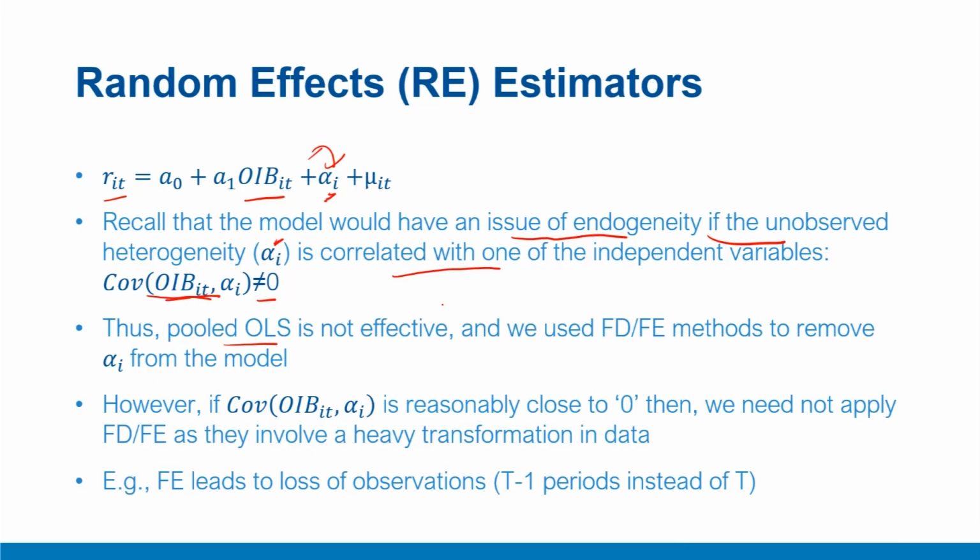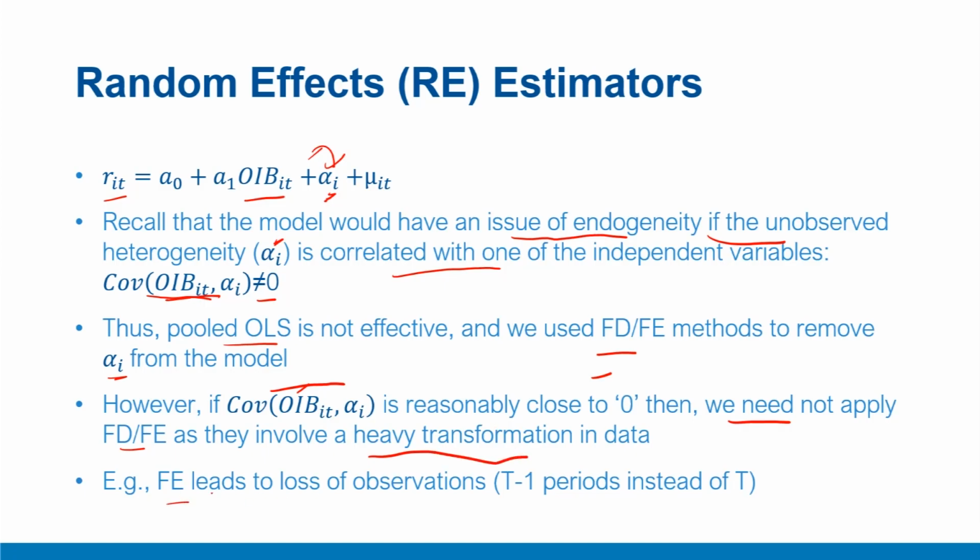The estimates may be biased and inconsistent, and therefore we needed heavy transformations such as first difference or fixed effect methods to eliminate this alpha I from the model. However, if you have a strong reason to believe that the correlation or covariance between the unobserved heterogeneity and the independent variable is close to zero, then you need not go ahead with such heavy transformations as FD or FE, as they require a lot of heavy transformation of data.